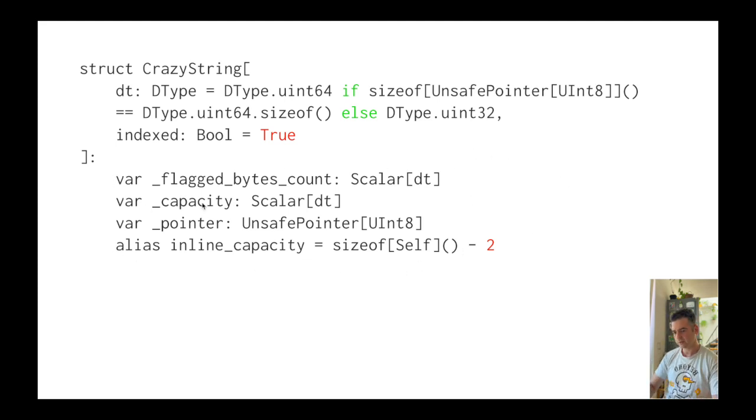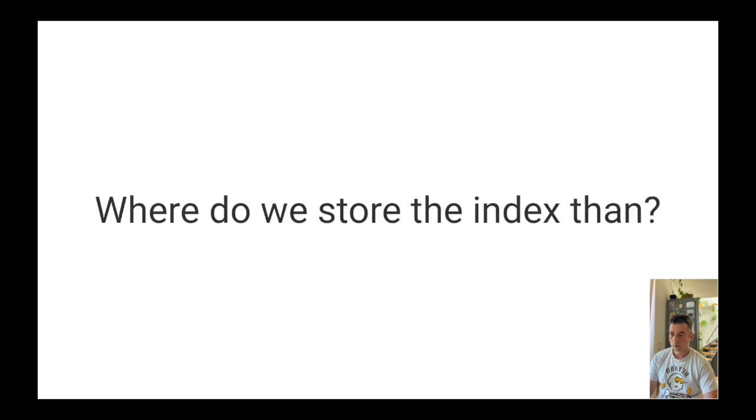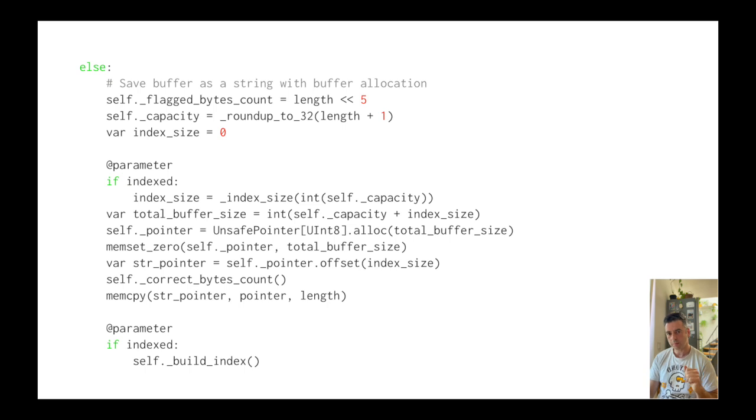We still have just 3 fields, so it will be 24 at most, and potentially on Arch 32 up to 8 bytes. Right, so where do we store the index then? What's this magic again? What's this madness? All right, it's a little bit mad, but as I said, it's a CrazyString, right?